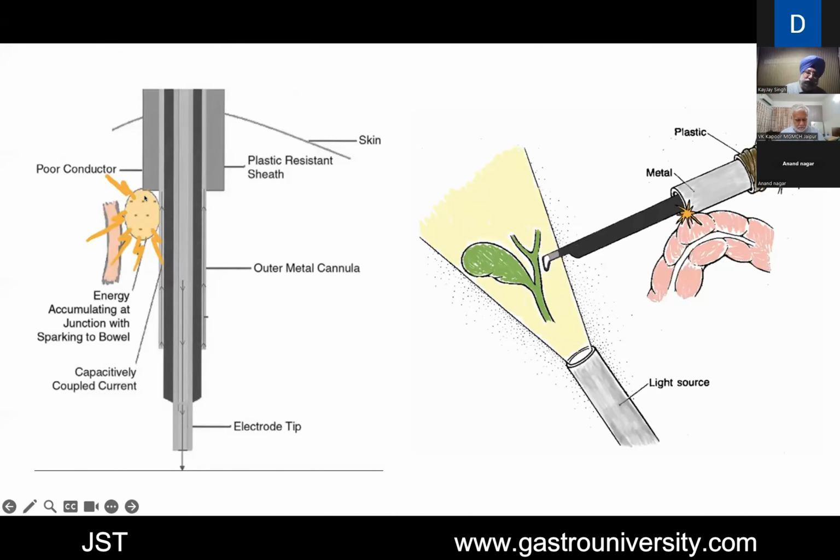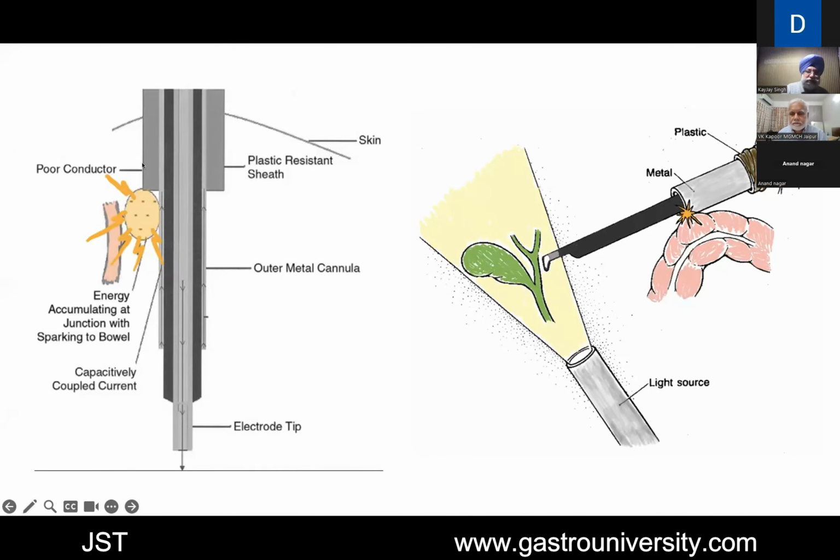This happens every time. Now, with a poor conductor here, this current is not going to be dissipated because this plastic is not in contact with the skin. So this current is not dissipated, and it will take the shortest path through the viscera which is coming in contact, which is grounded. So this is going to cause an injury here.